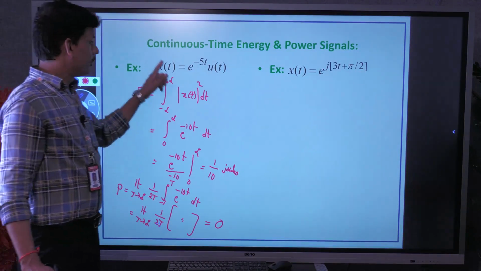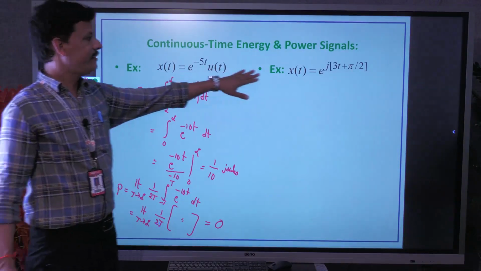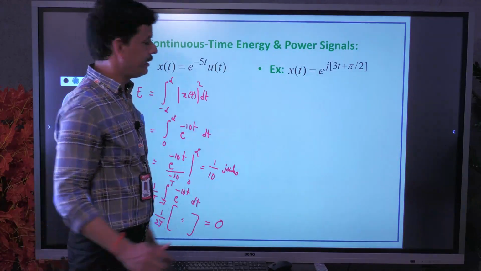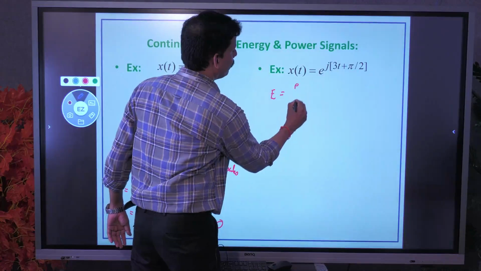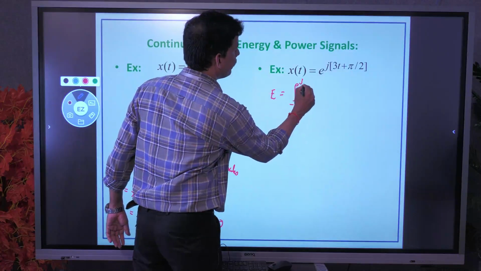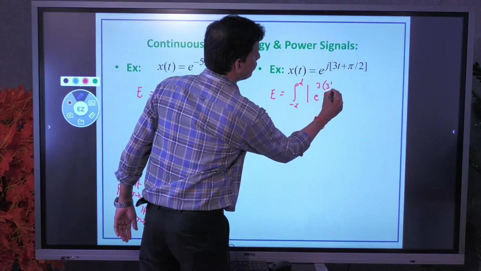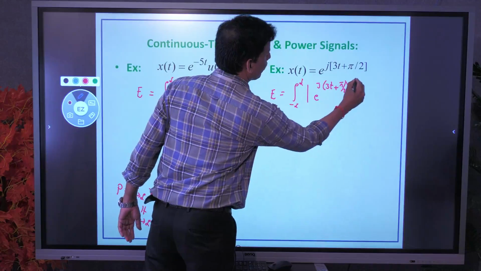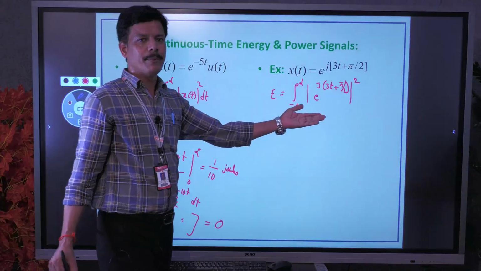So that's about the first problem. Let us see another problem, where it is an exponential signal. Here also we can apply E equal to integral minus infinity to infinity magnitude of e power j(3t plus pi by 2) whole square. Here it is very simple.